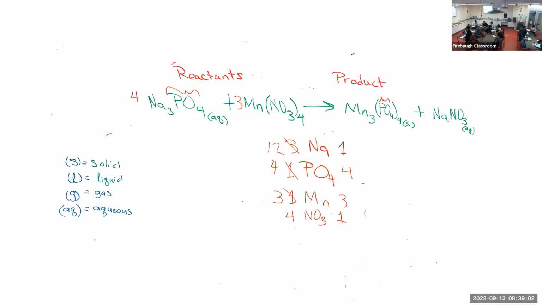Right now we have, see, that's 4 times 3. Okay, it's looking pretty good. So I have 12 sodiums over here, and I have 1. So what do I need to put in front of that sodium? And then how many NO3s do I have now? 12.